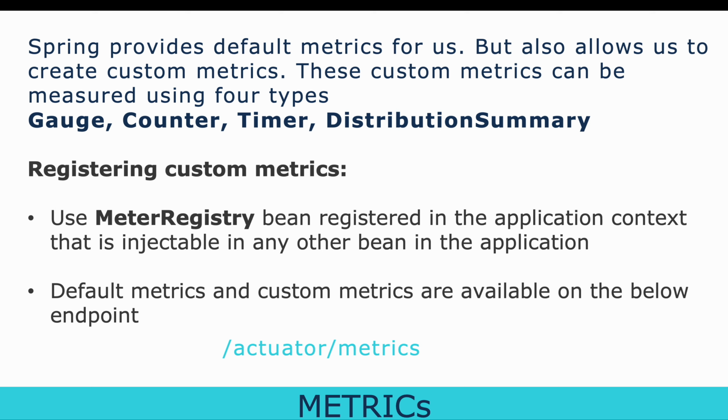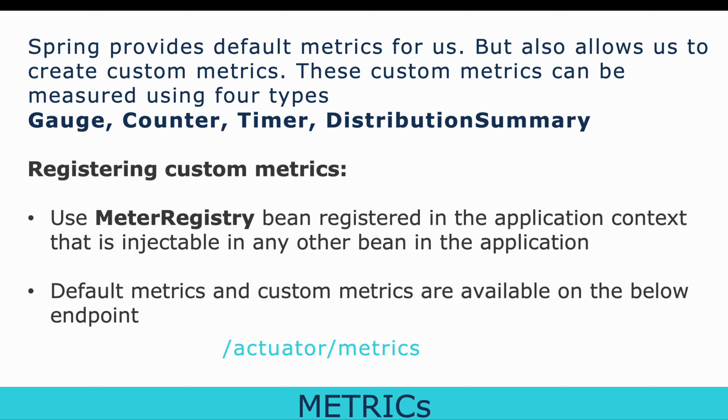But now we also want to create our own custom metrics. There are a couple of ways to do it, which we will see as we continue with the series. But the first thing that you would normally do is use a MeterRegistry when you are registering your custom metrics.